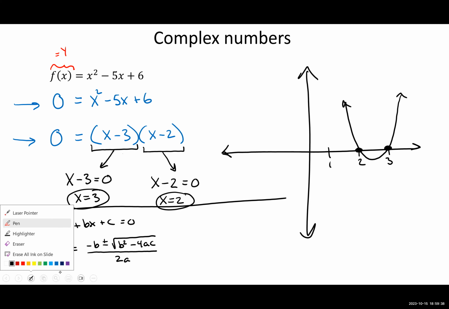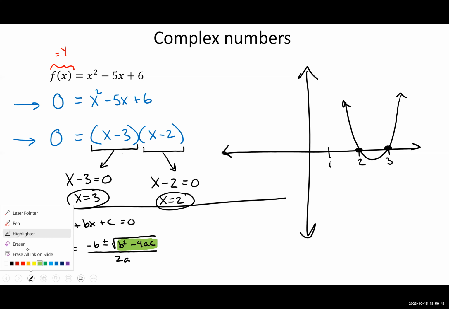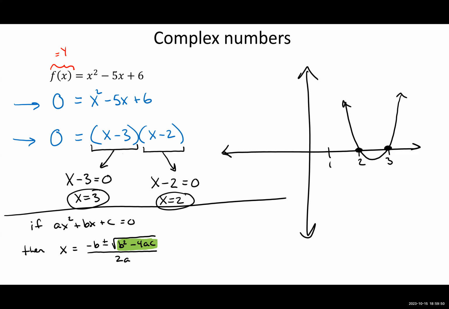And this thing under the square root, we call that the discriminant. I'm not going to spend too much time on it because, again, this is something that I covered in a previous video. This tells you how many solutions you have.